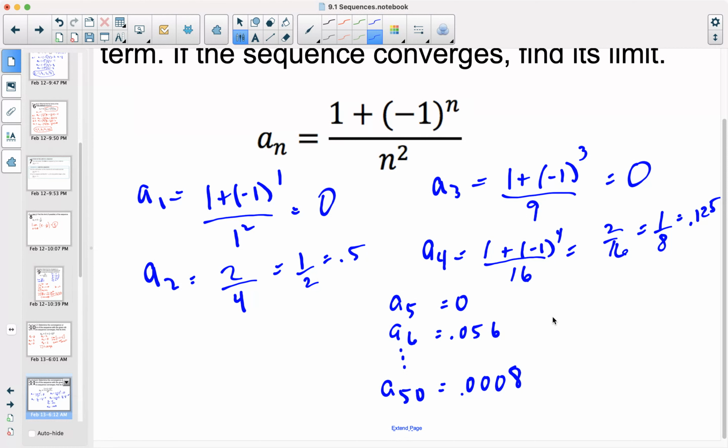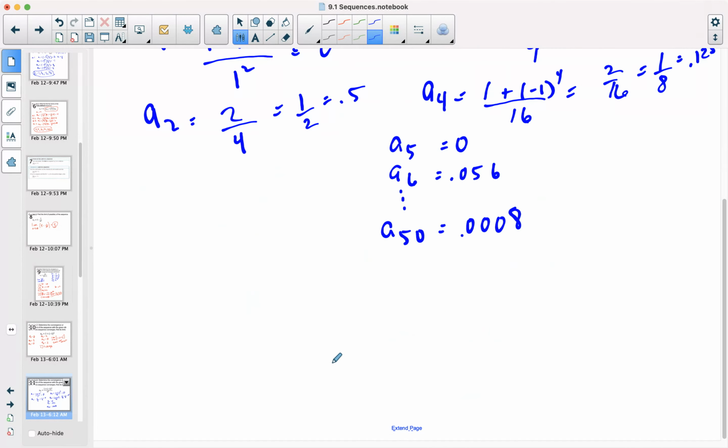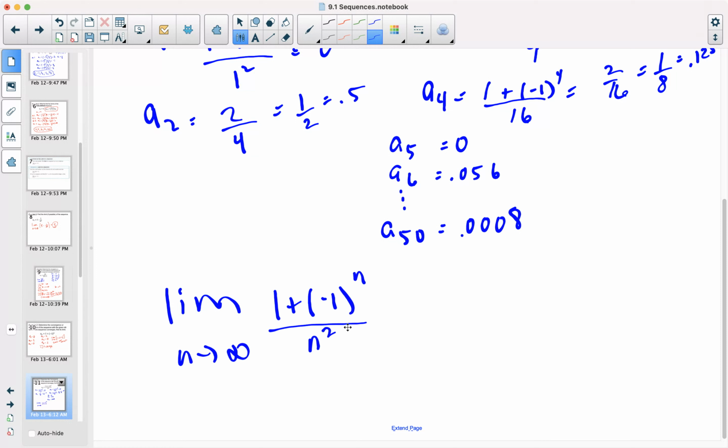But different things are happening, whether it's an odd or an even integer. So we have to create a statement that looks like this. I think we can state that the limit as n approaches infinity of 1 plus -1 to the n over n squared is going to equal 0, and that's a converge.